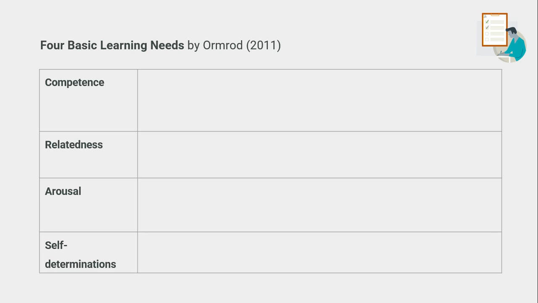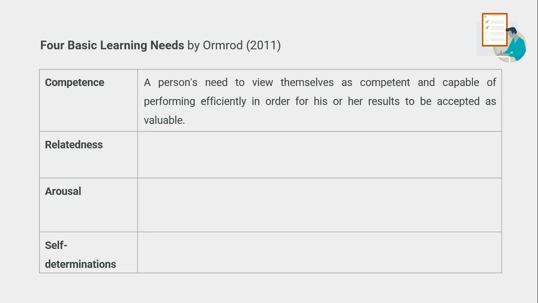There are competence, relatedness, arousal, and self-determination. So, these four basic learning needs cover the most basic educational theories such as behaviorism, cognitivism, and constructivism. The basic learning need of competence refers to a person's need to view themselves as competent and capable of performing efficiently in order for his or her result to be accepted and valuable.